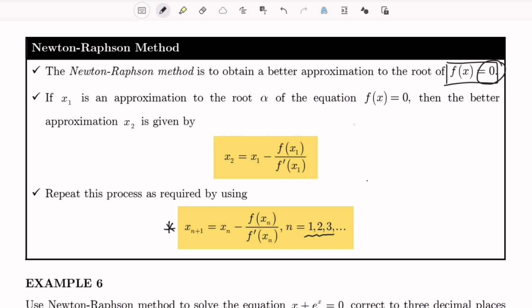If your first value is x0, the next will be x1, x2, etc. If the first value is x1, it will be x2, x3, etc. It's just the notation. So the first step for Newton-Raphson is for you to find f prime of x.